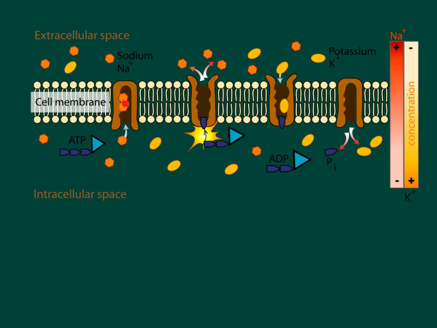They bond, and then in comes an ATP. And as the phosphate is released, this protein is phosphorylated, ADP leaves. Notice there's 2 phosphates, so adenosine diphosphate leaves. And the protein changes conformation, letting then the sodium leave.